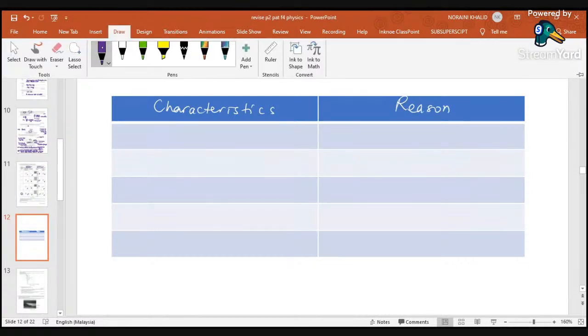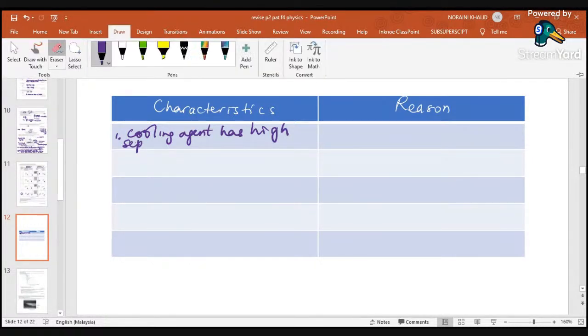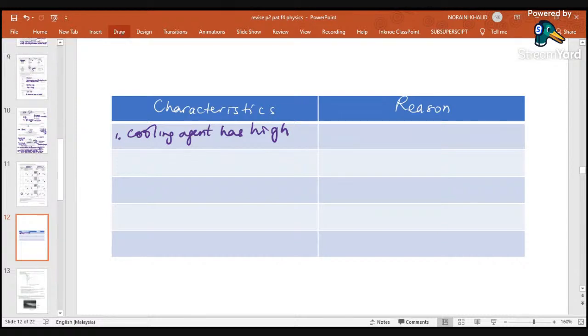Okay. So for the first part, we discussed about high specific latent heat of vaporization. We already chose just now. So the cooling agent has high specific latent heat of vaporization.